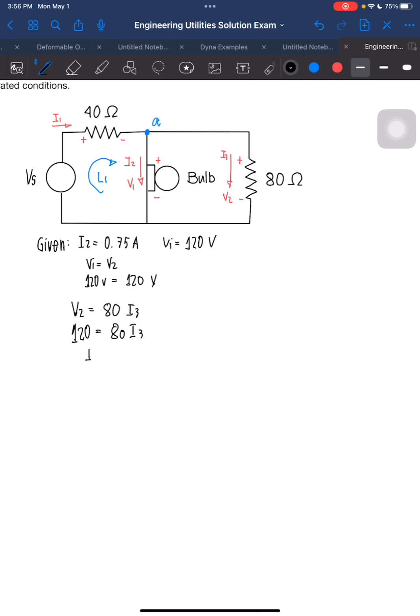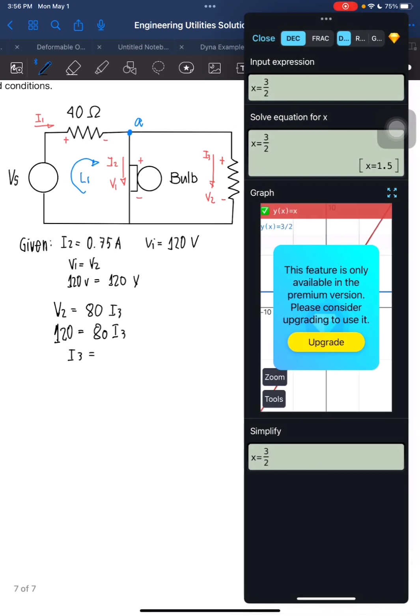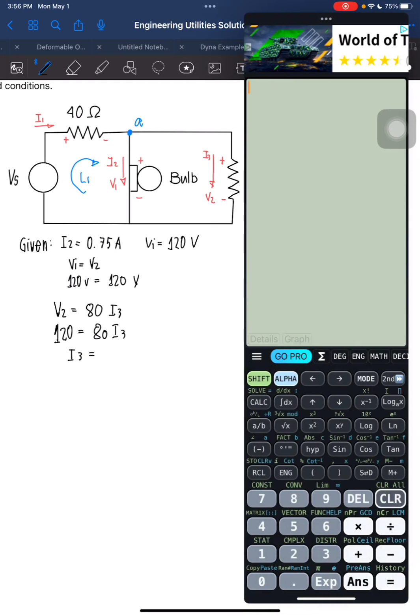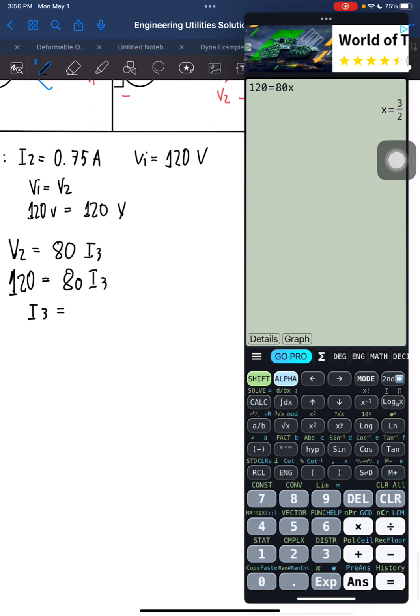So, pwede na natin malaman ang I3 by shift solve. I3 equals 3 halves or 1.5 ampere.